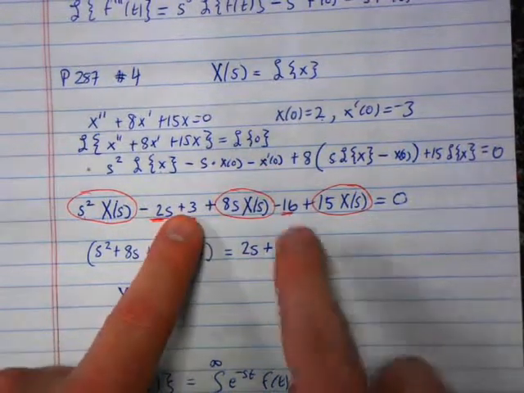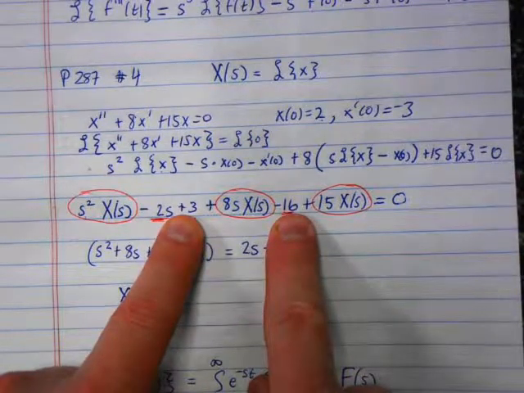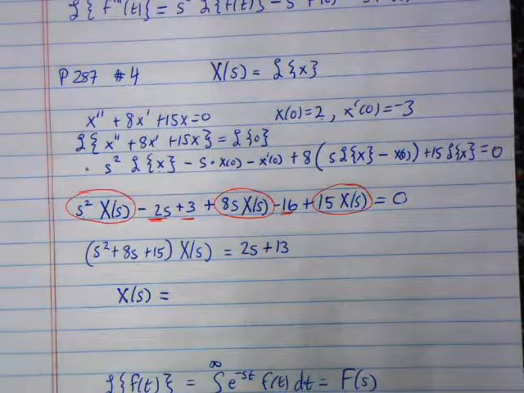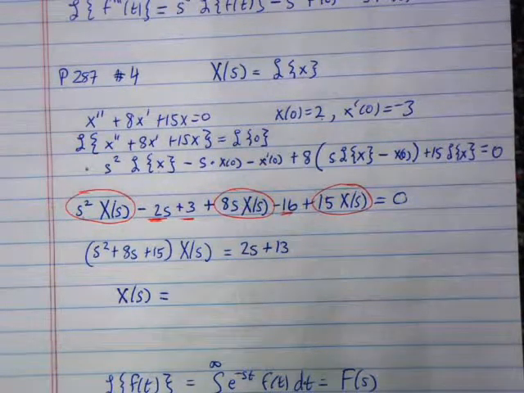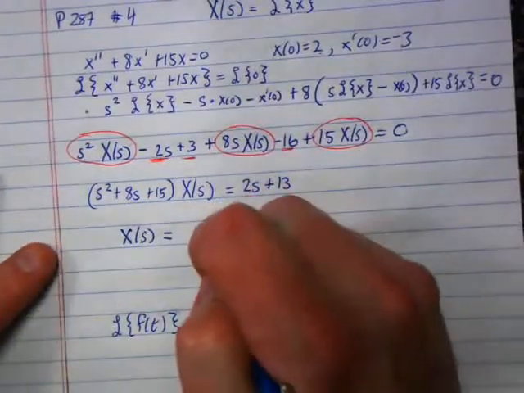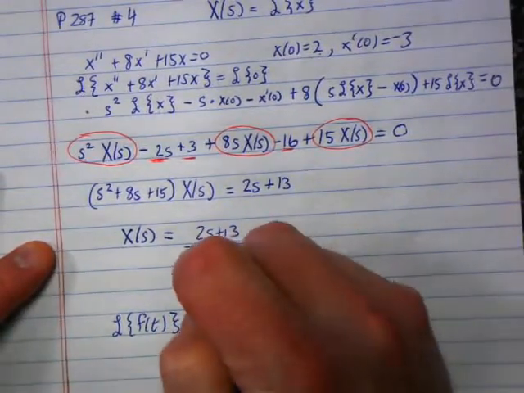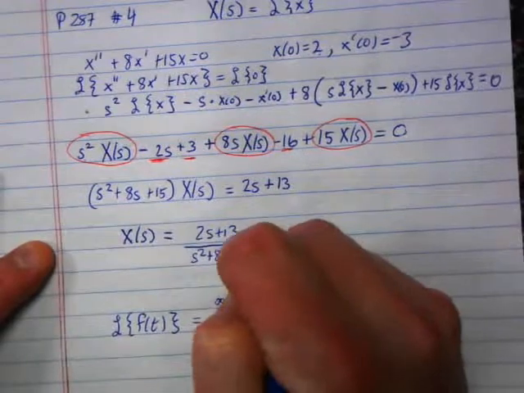Because negative 3 plus 16 is negative 13, but when I add it to the other side, it's a plus 13. So now I'm going to divide. So X of s is 2s plus 13 divided by s squared plus 8s plus 15.